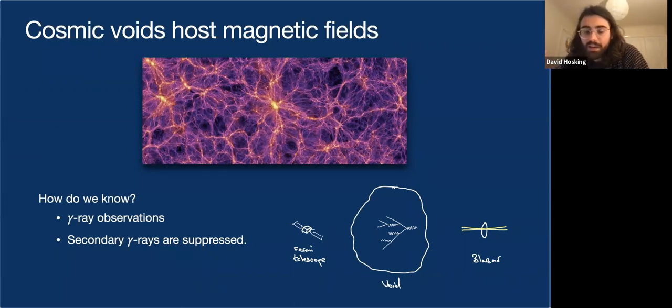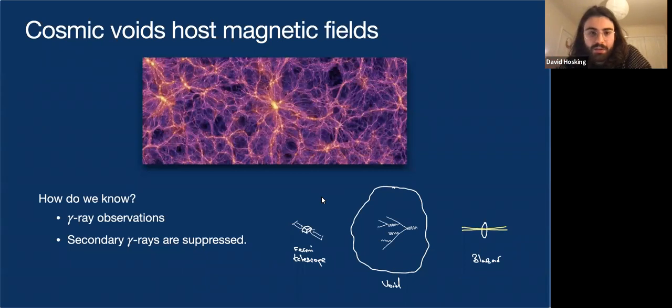One prominent interpretation is that the voids are filled with magnetic fields, and the electrons and positrons produced in the cascade are scattering off these magnetic fields, and therefore the emission of the secondary gamma rays is diffuse. They're emitted in all directions, and therefore the intensity is reduced, and so they're not detected by Fermi.